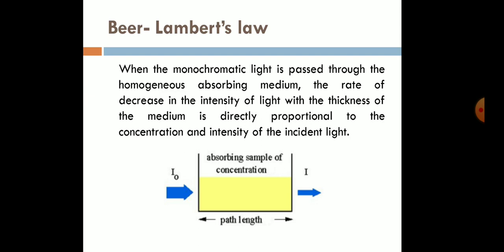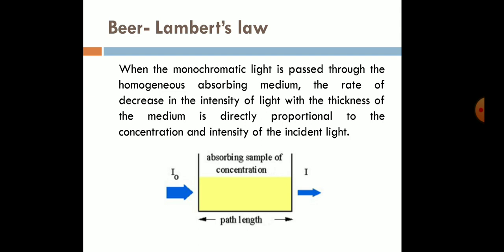When the light comes out of this sample, there will be a reduction in the intensity of the light. You can see that the blue arrow has narrowed down, and the arrow shown for I naught is broader. So as the light passes through the sample, there is a reduction in its intensity.